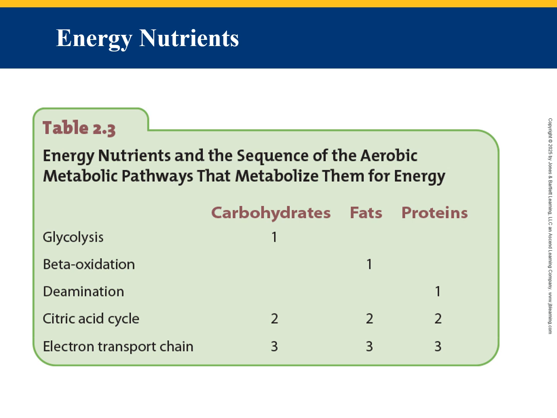For carbohydrates, it first has to go through glycolysis before it can go into the citric acid cycle. Fats have to go through beta oxidation, and proteins have to be deaminated. Then all go through the tricarboxylic acid and electron transport.